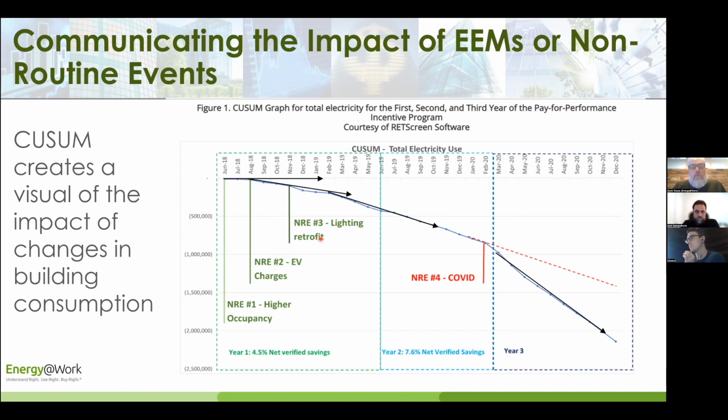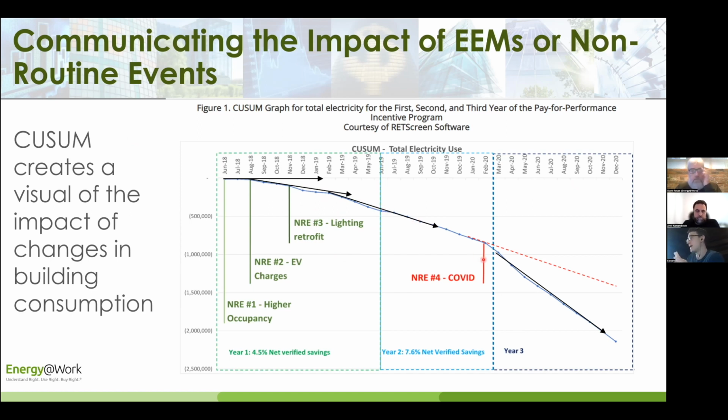And when we can add to the graph these different points in time, so different changes in the building, we can see what the impact is. For example, we've got a lighting retrofit here, and we see a change in the slope of the QSUM to here after the lighting retrofit is completed, showing an increase in savings. The difference between the old slope and the new slope would be what the savings are.